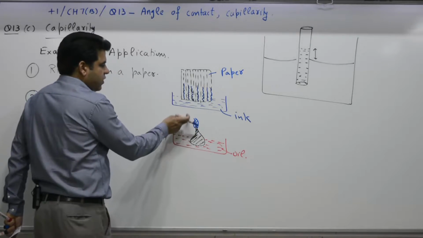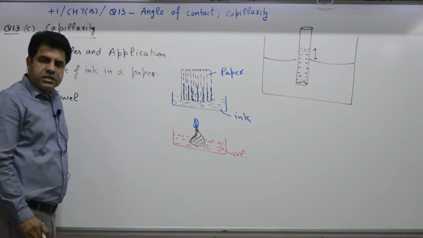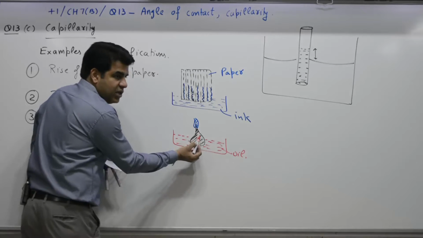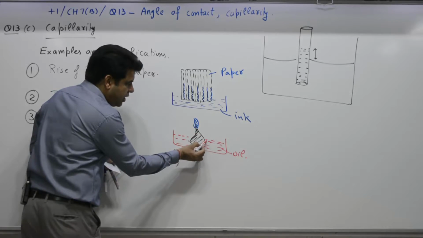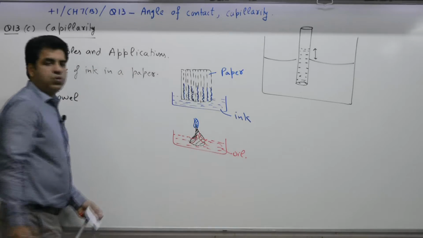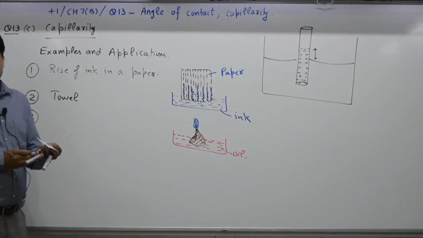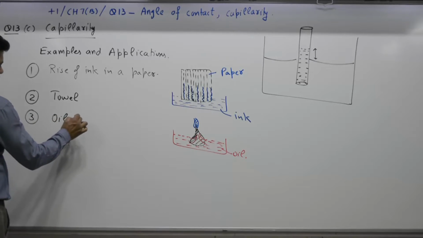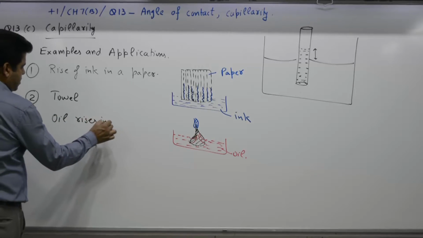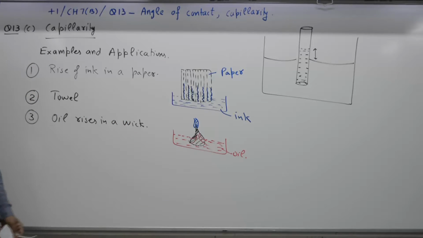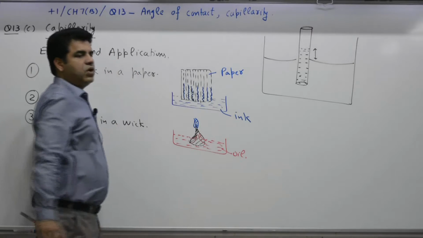How can this flame continue with time? Yes, because in cotton you have fine holes, fine pores, so oil moves upward through these fine holes. So 3 is: oil rises in a wick. Yes, this phenomenon is again the phenomenon of capillarity.